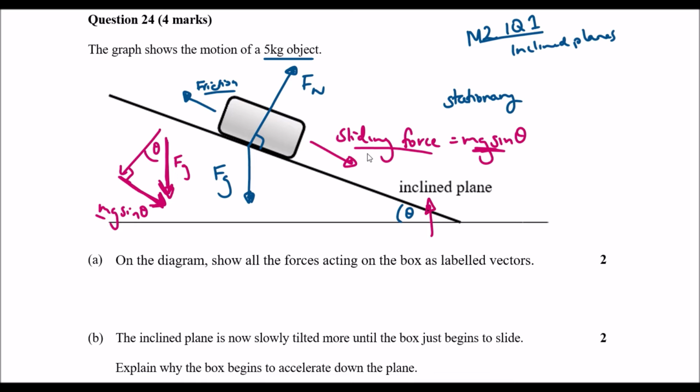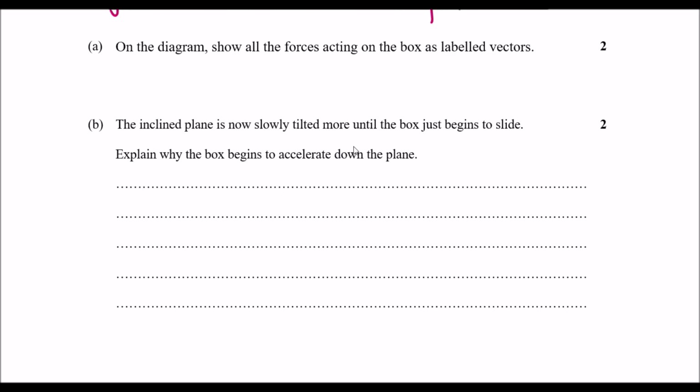So the bigger the angle, the greater the sliding force, and that can be matched by the static friction force until a certain point. Once the sliding force has become larger than the static friction force, from that point on, the block can slide down the inclined plane.